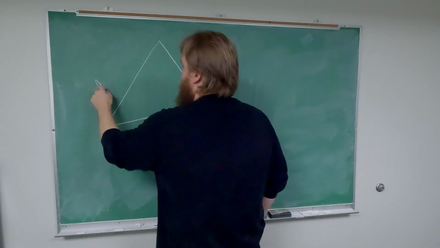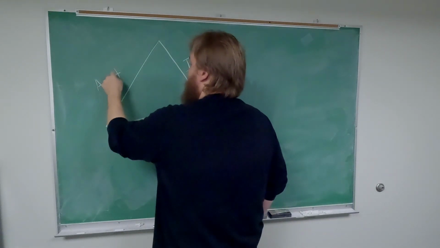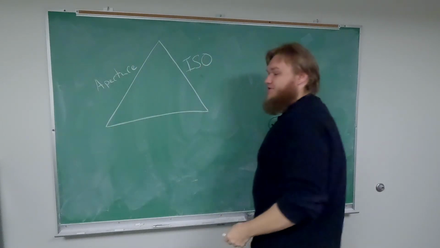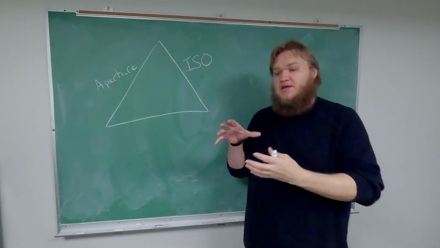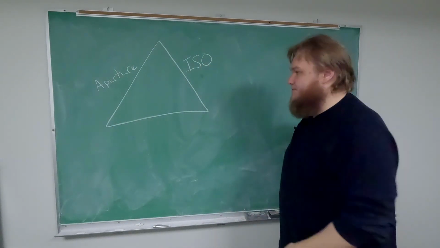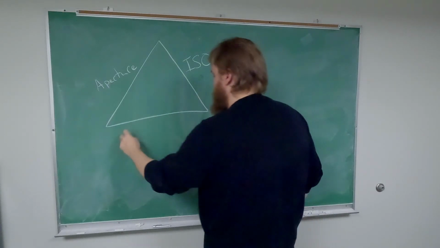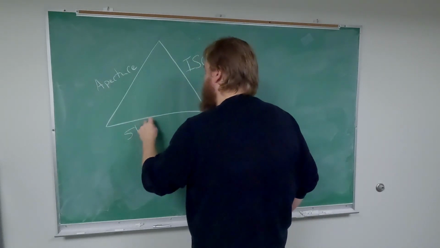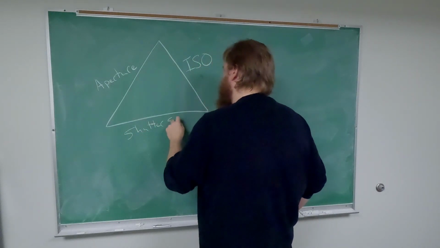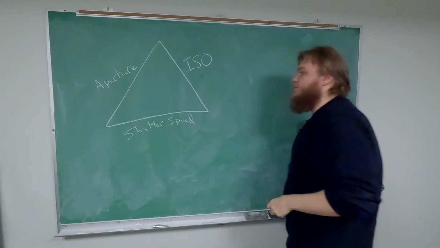We also have aperture, which is how big the opening of the lens is. And then finally, down along the bottom, we have our shutter speed. Okay.